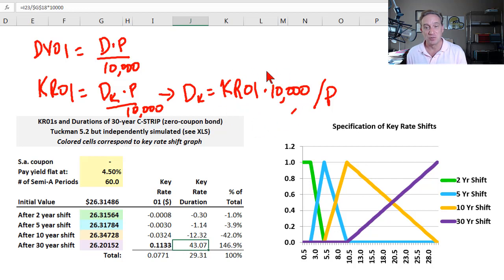So what we have in the numerator here would be a dollar price change, and we're dividing it by percent to get the key rate duration, which is really a percentage. Or I might say could be used as a percentage, right?